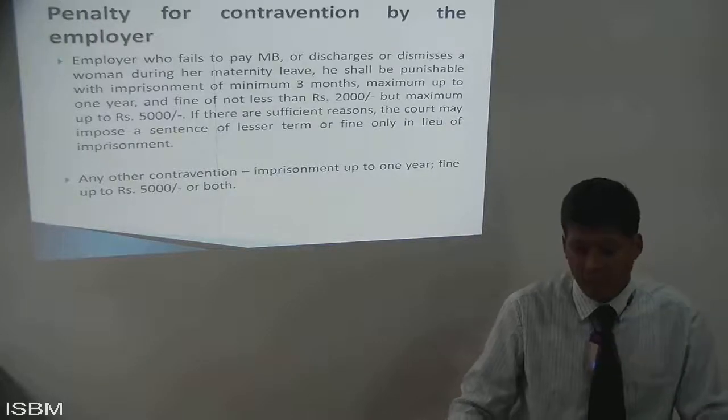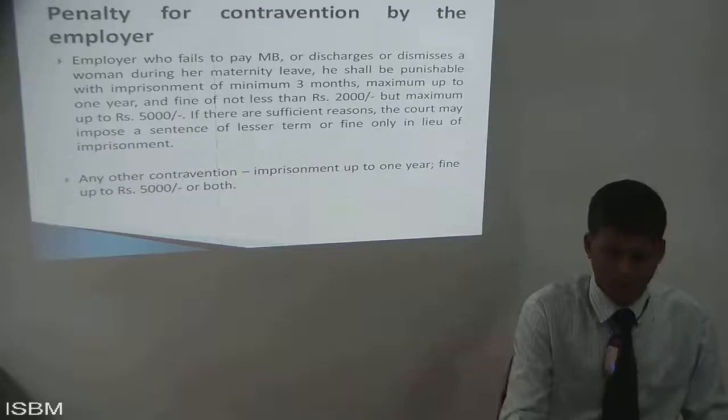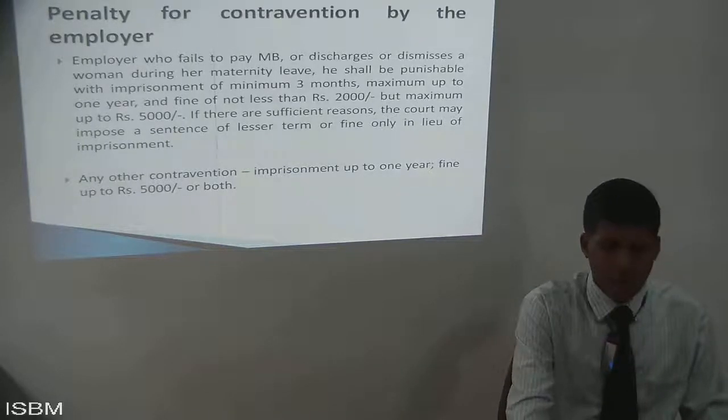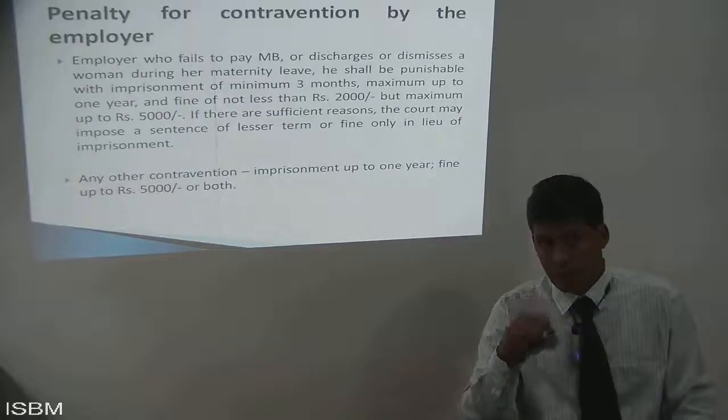If there are sufficient reasons, the court may impose a sentence of a lesser term or fine only in lieu of imprisonment. Now, for any other contravention, imprisonment up to 1 year or a fine up to 5,000 or both could be imposed. Now, as an HR person, we should be aware of these laws as well.